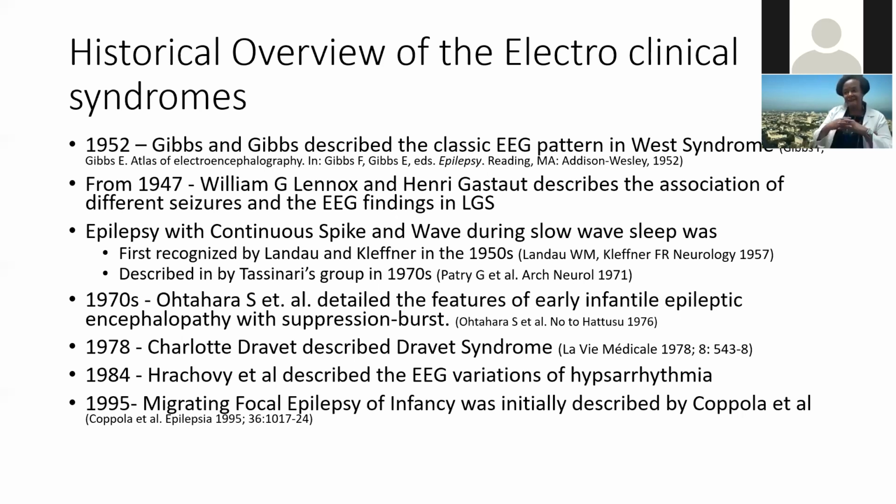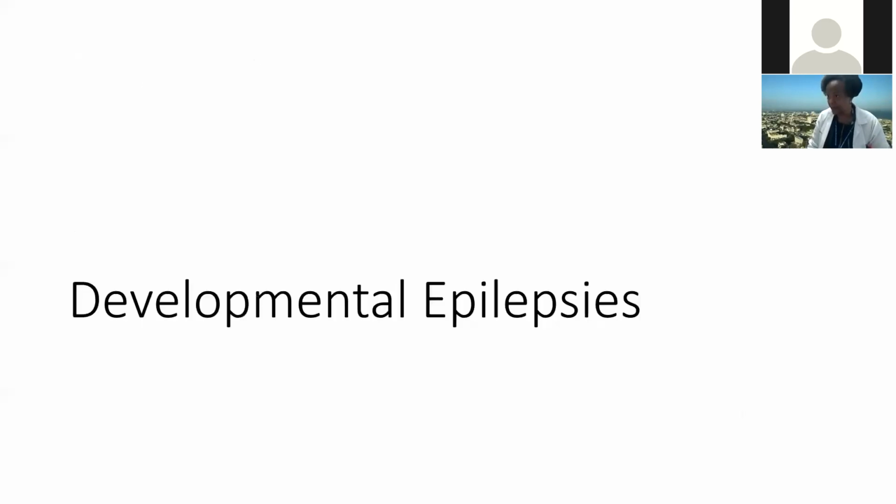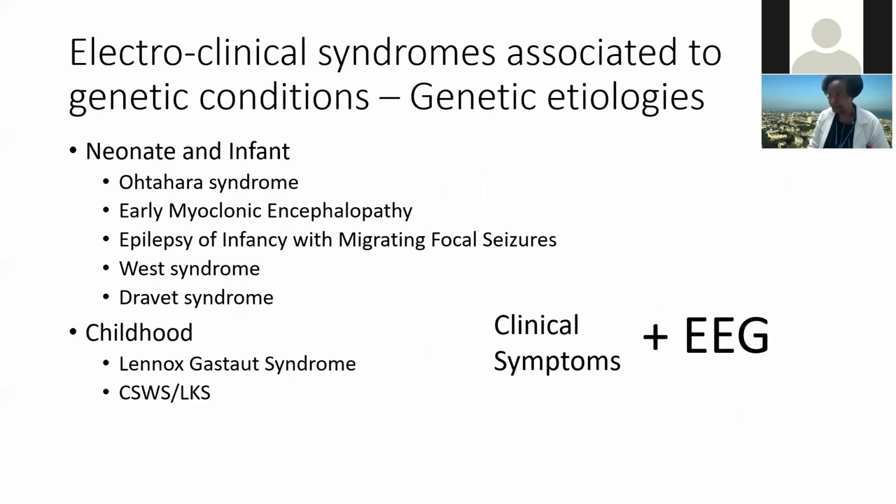So these names that I just described serve as a label, okay, that summarizes for other physicians what kind of seizures these patients are having, what is their developmental status, and the age of onset. But this doesn't tell us what caused the problem, what is causing the electroclinical syndrome, okay?